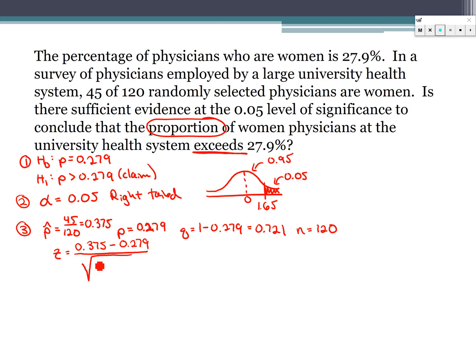We're used to just our sample size being under there. But we have P, not P hat. We have P times Q divided by our sample size. So just take a minute, double check, and double check me. When I did this, I got roughly 2.34. So just take a minute, enter it in, make sure you're matching.